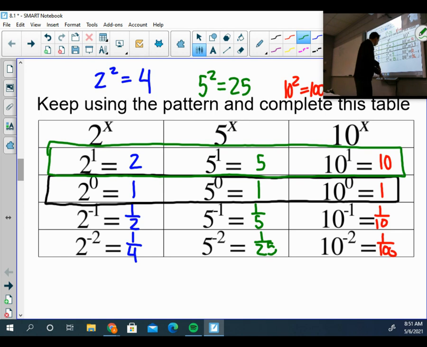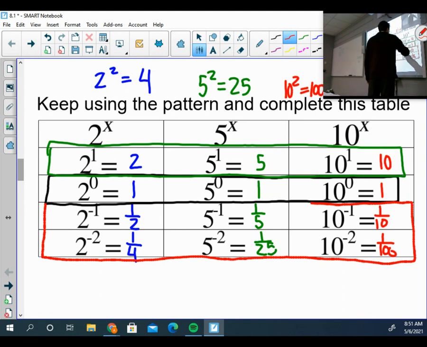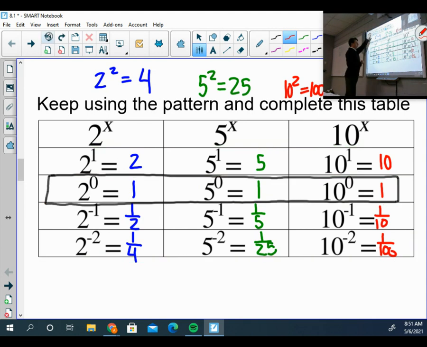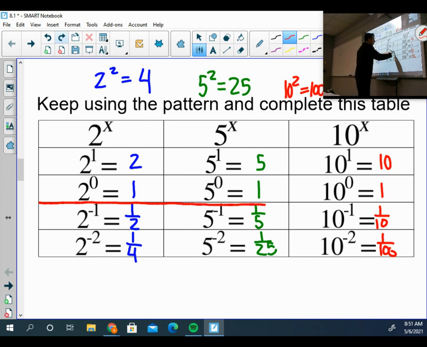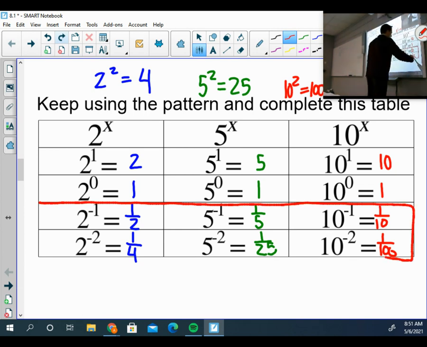Now, the other thing I notice is, and those first two rules probably aren't that new to you, but the other thing I'm noticing is one, that all my negative exponents here have become fractions, and I think we can observe, actually let me erase the other boxes so we can really focus on this. I think what we can observe is even a deeper pattern here.